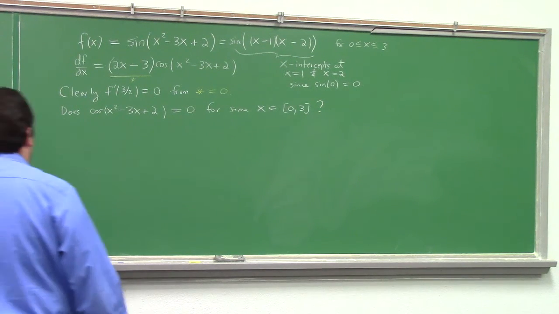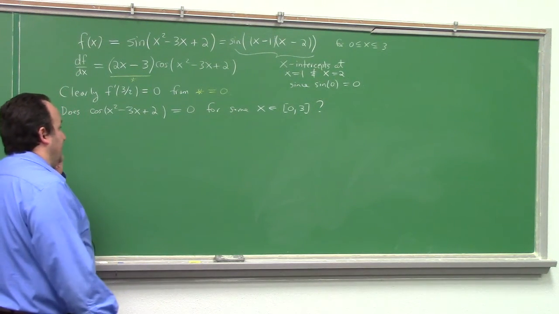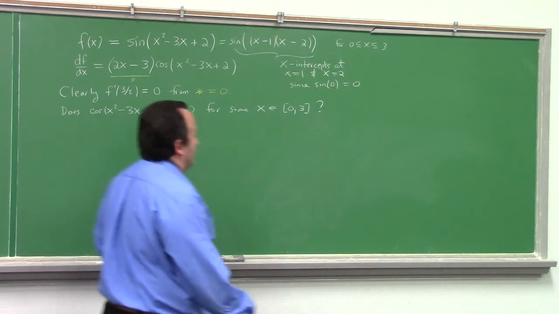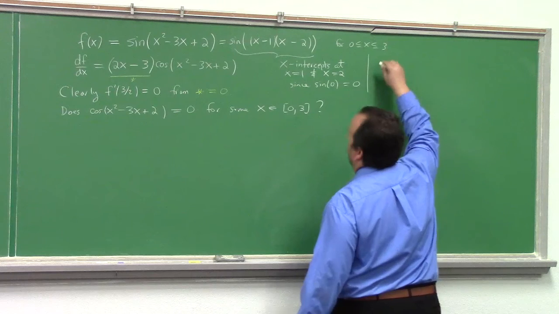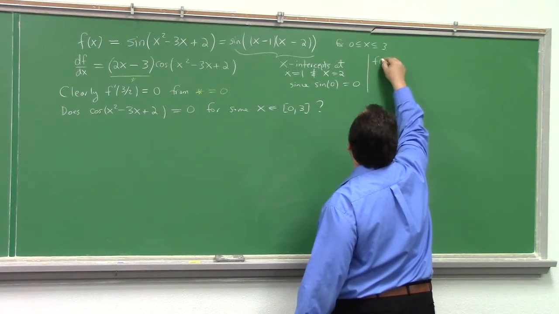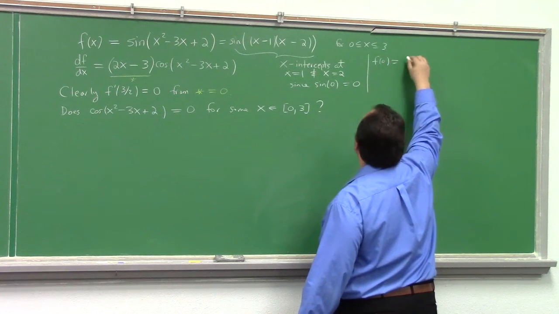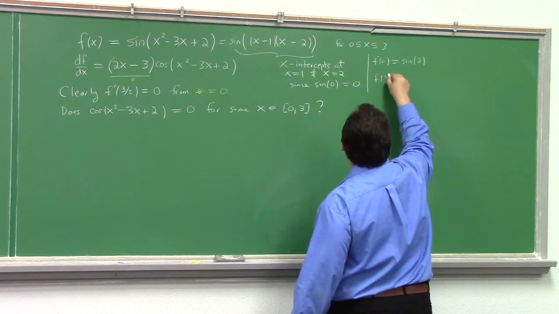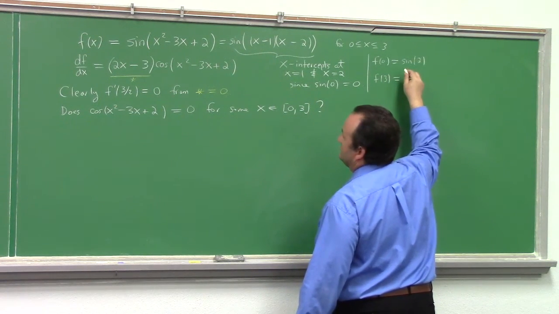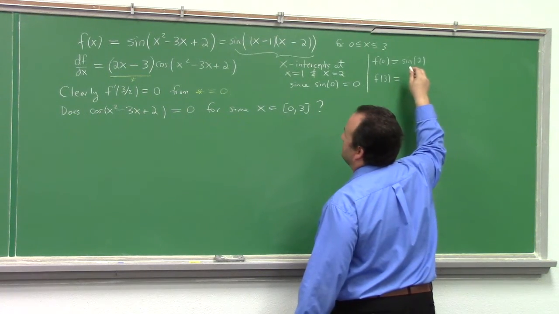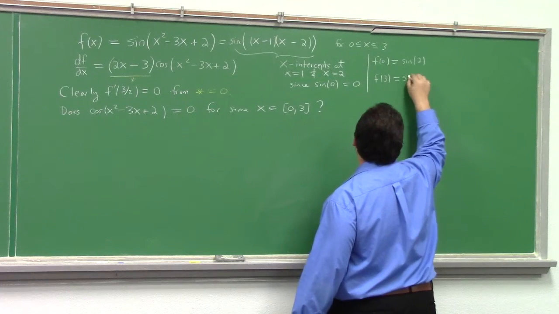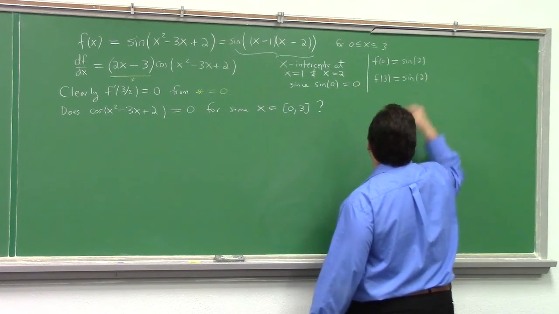Perhaps we should plug in 0 and 3, and that gives us endpoints, right? F of 0 is sine of 2. F of 3, I think, is also sine of 2. That's kind of funny.